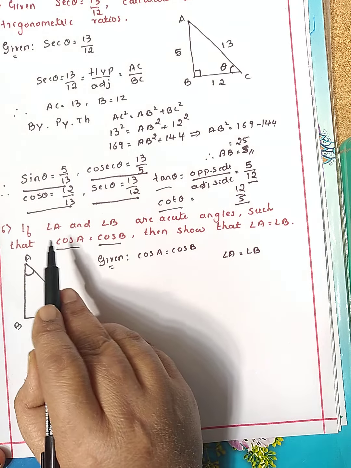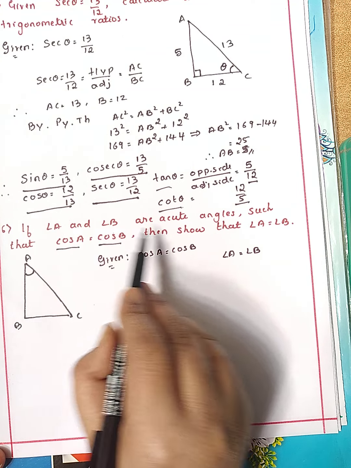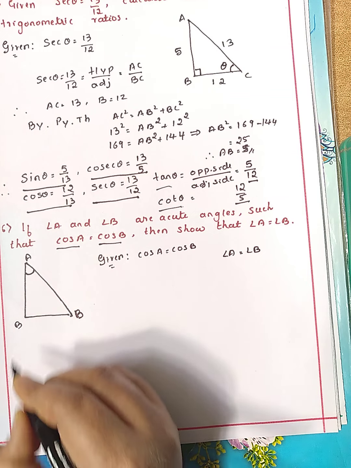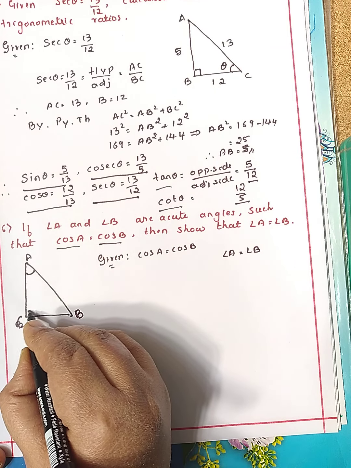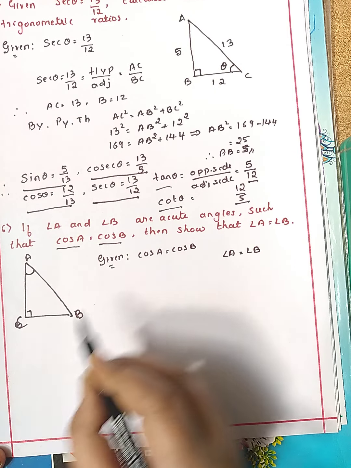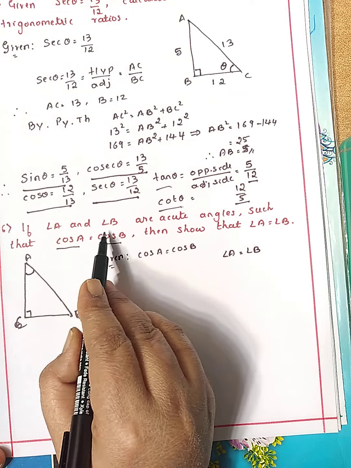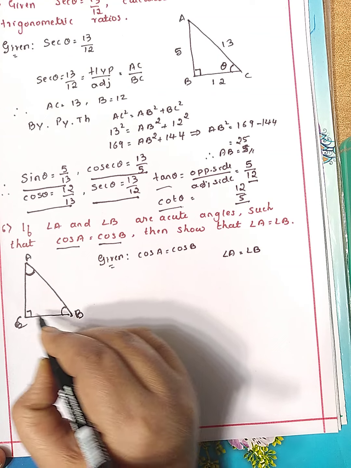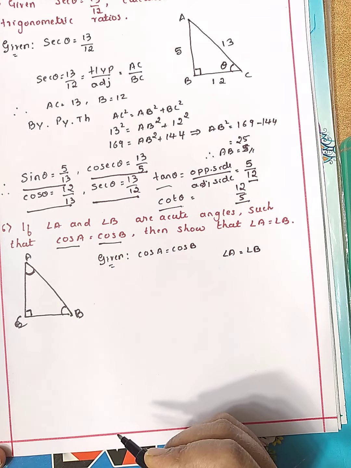Here angle A and B are acute angles, so you take this as B and C is right angled. They have given that angle A and angle B are acute angles. So this is an acute angle, this is an acute angle, angle C is right angle.